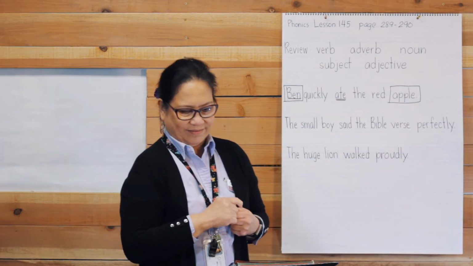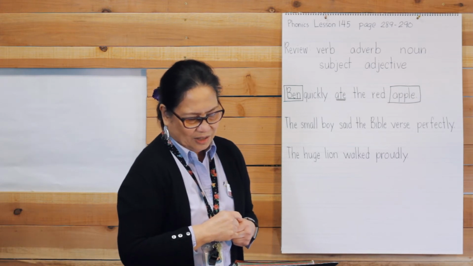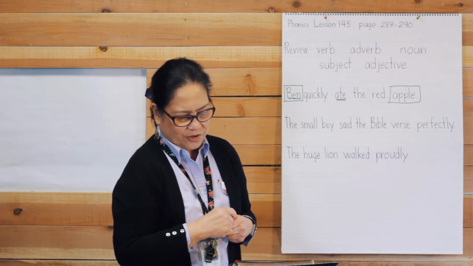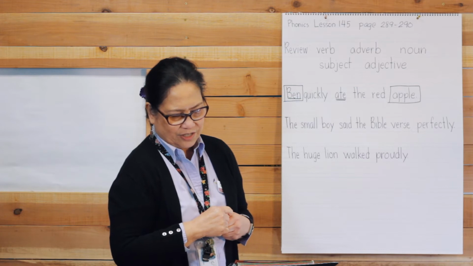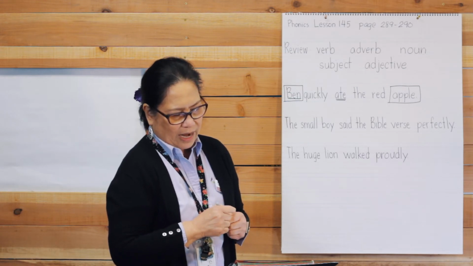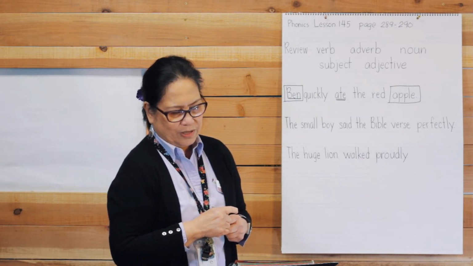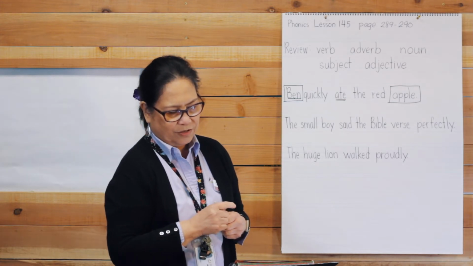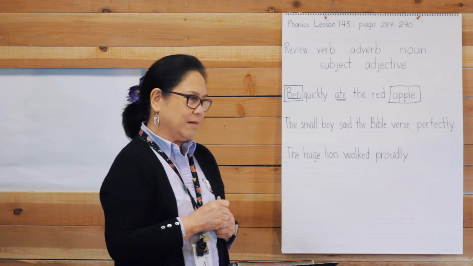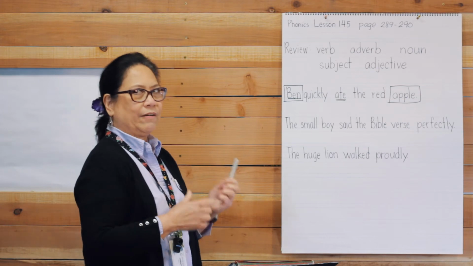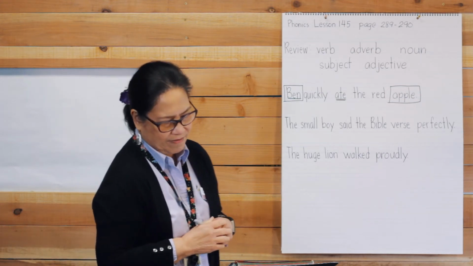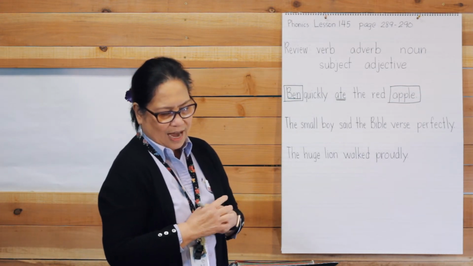Number 4. Look at the nouns and draw a circle around each adjective. Draw a small arrow from the adjective to the noun it describes. A little more complicated. Okay, description, adverbs, adjectives, okay? So let's try the adjective first.